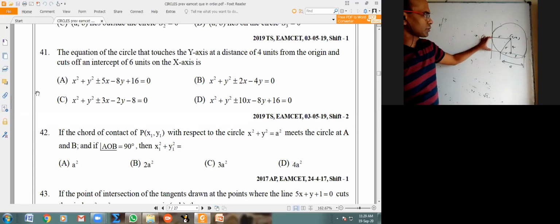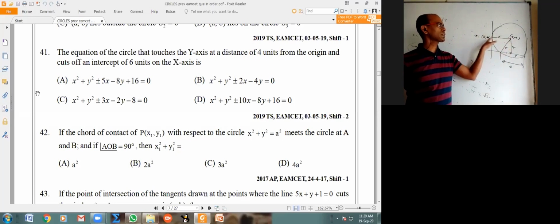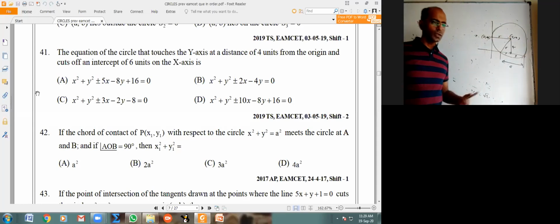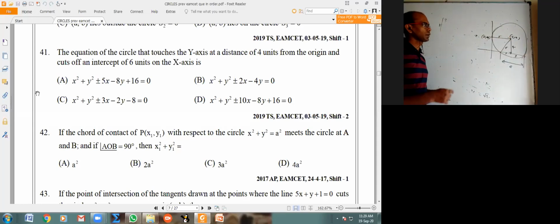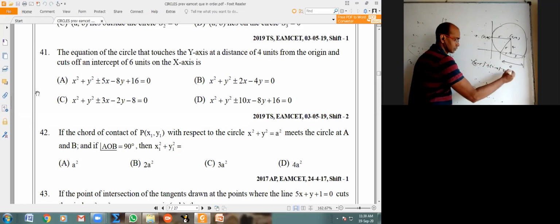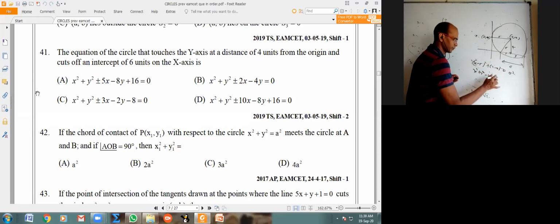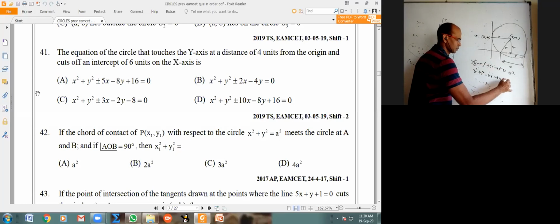First I could make out this height is 4, half of this is 3, based on that the radius is 5. Because the radius is 5, the x coordinate of this is 5. You know the center and radius. So that is x minus 5 whole square plus y minus 4 whole square is equal to the radius square, 5 square. When I expand, it is x square plus y square minus 10x minus 8y plus 16 equal to 0.